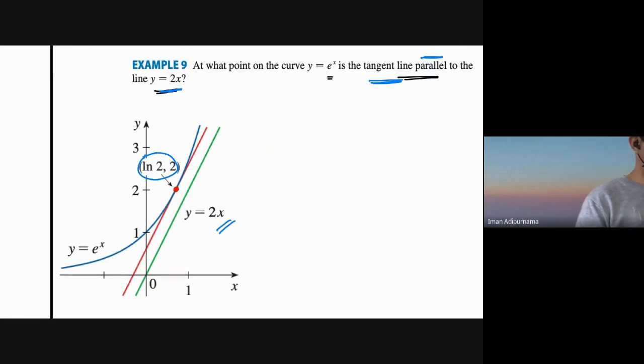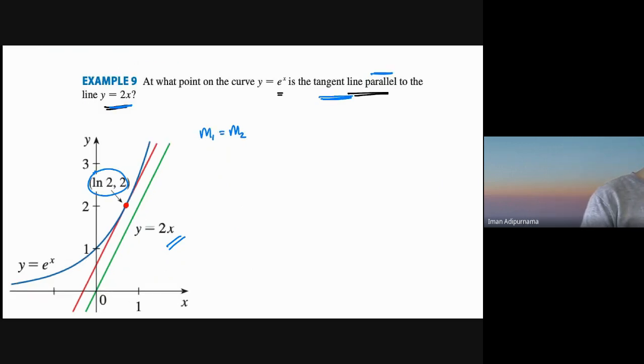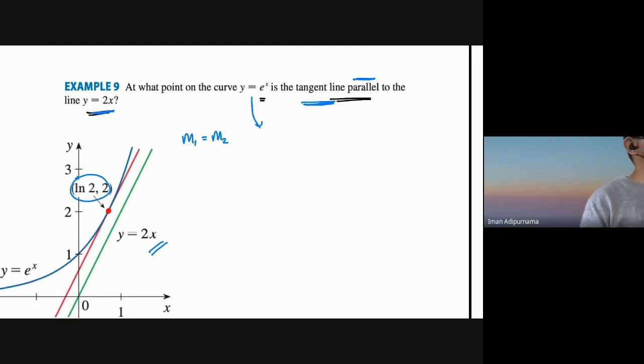So which means the two slopes are equal, right? And for the tangent line, to find the slope of the tangent line, we can just look at the first derivative, and then let's say we compute at x equal a.